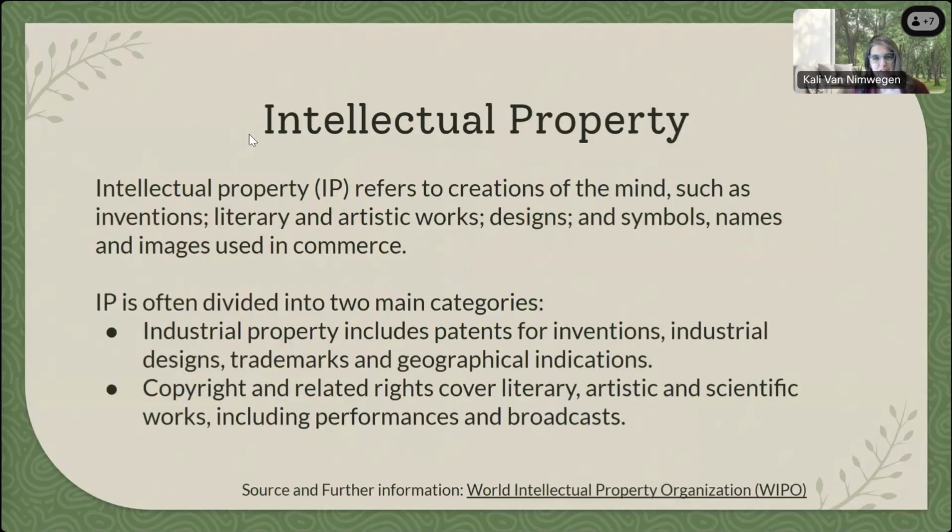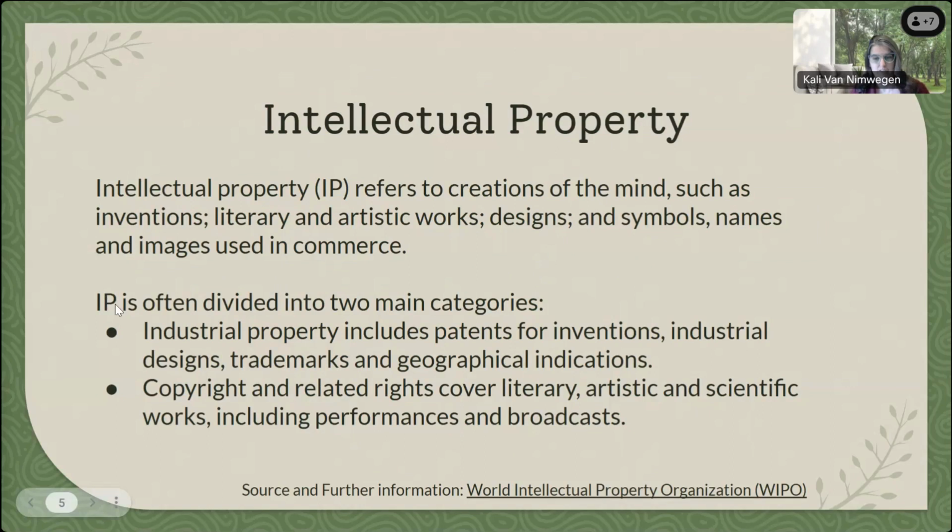Okay, so intellectual property, an actual definition. Intellectual property refers to creations of the mind, such as inventions, literary artistic works, designs, symbols, names, and images used in commerce. We're not really going to go into trademark and that type of intellectual property in this presentation because it doesn't really apply to the type of things that we are doing with OER content.